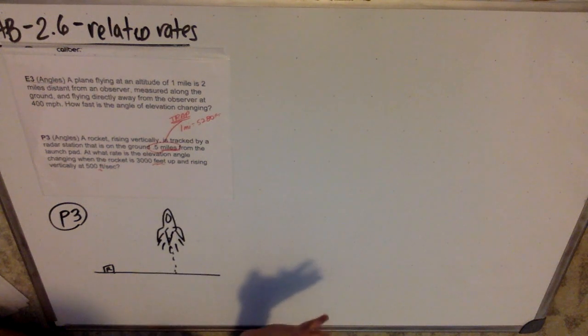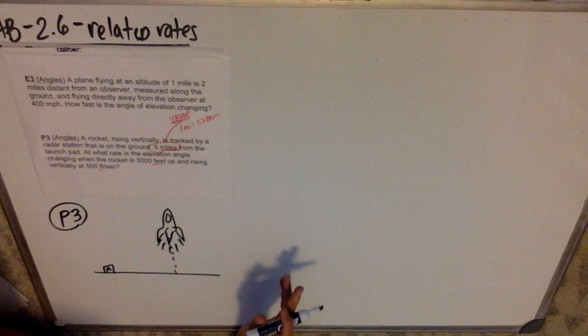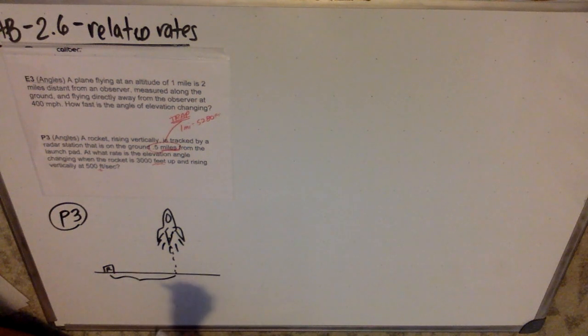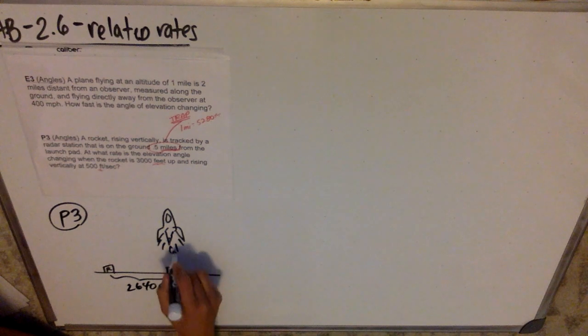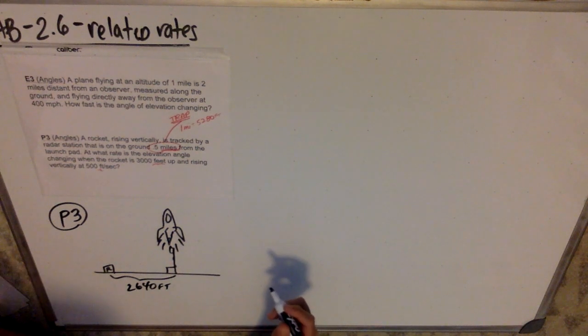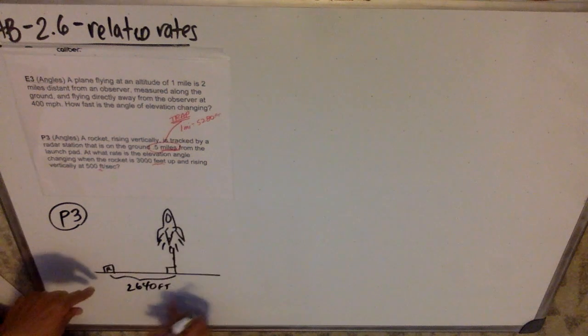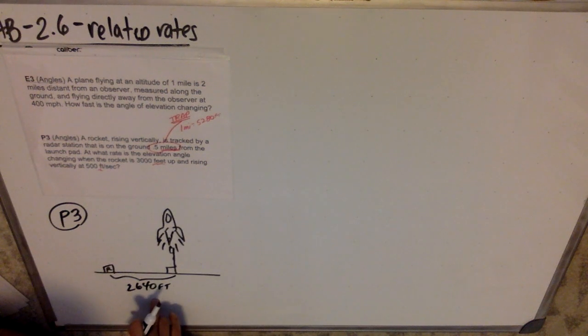Okay, so a rocket is rising vertically, and it's tracked by a radar station on the ground that is 0.5 miles away, right? So half of this should be 2,640 feet. Again, we can assume that ground is horizontal unless we're told otherwise. That is a stationary thing, like the rocket's going straight up, so the rocket is always going to be that far away on the ground, right?